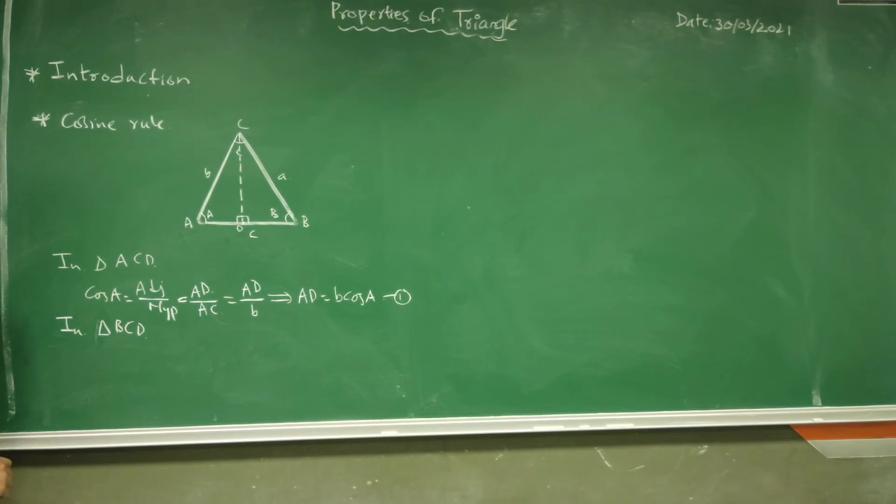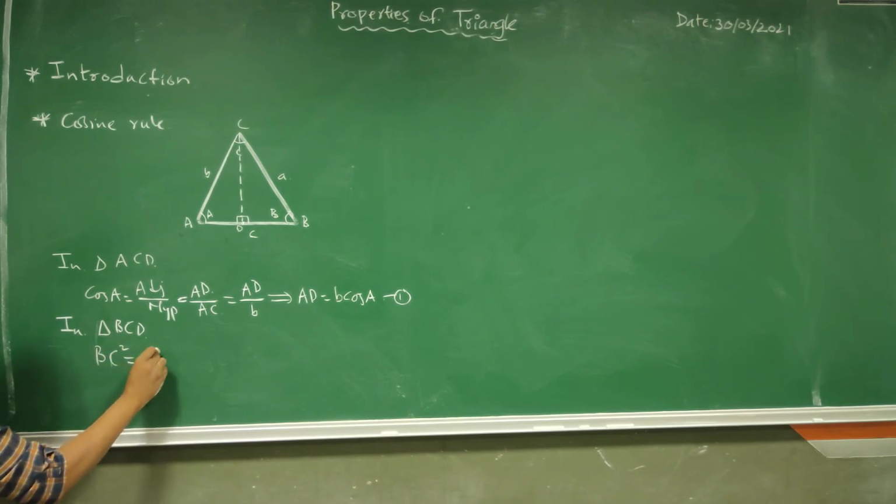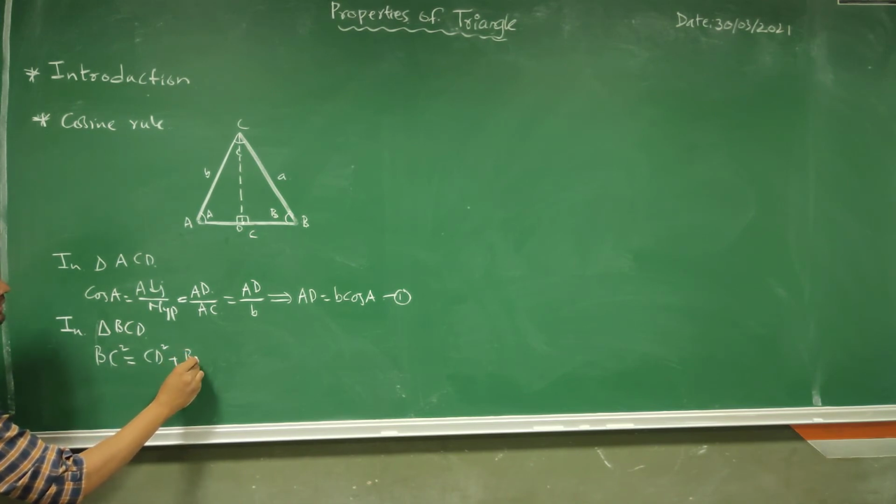I know Pythagoras theorem says the square of hypotenuse is equal to the square of the adjacent side plus the square of the opposite side. Okay, so here we have BC square is equal to CD square plus DB square.